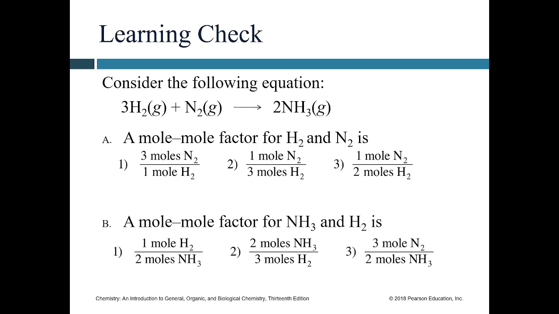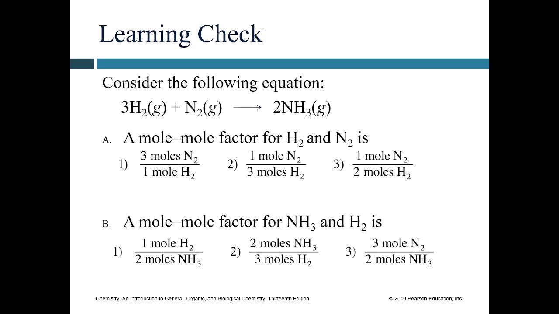Again, these are just ratios, like you would use for any recipe. So let's consider the following equation. What would be the mole-to-mole factor for H2 and N2? So we're going to look at the coefficients in front of each of those, right? And we're going to plug those coefficients in.